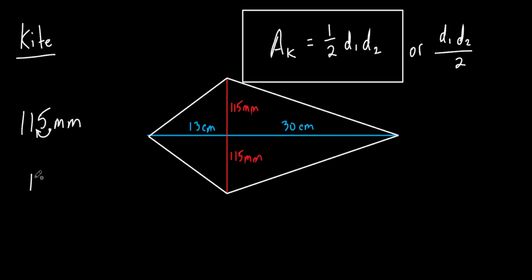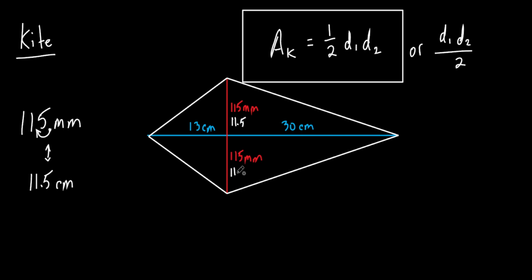So there's 11.5 centimeters, and they equal each other, okay? 11.5 centimeters is the same thing as 115 millimeters. You guys watching? Okay. So instead of writing 115, what's a better way to write it? 11.5.